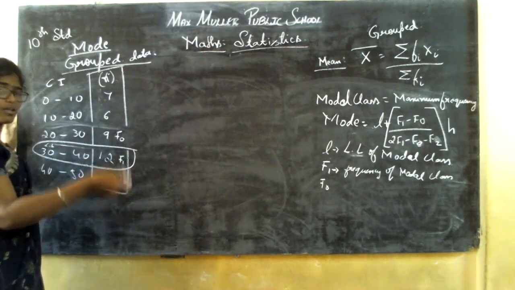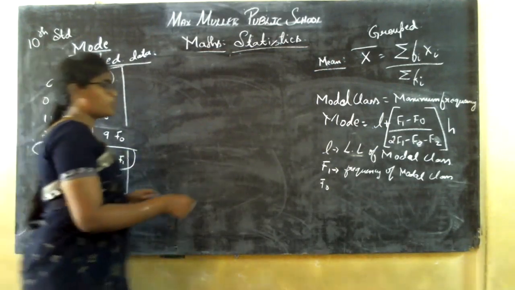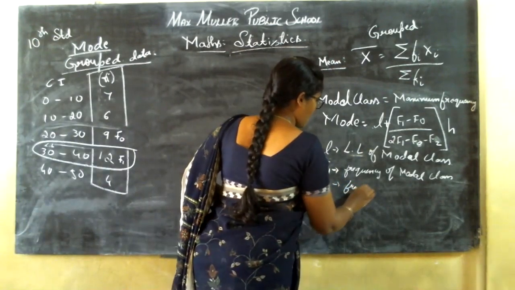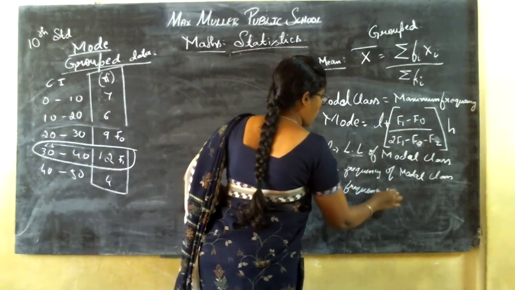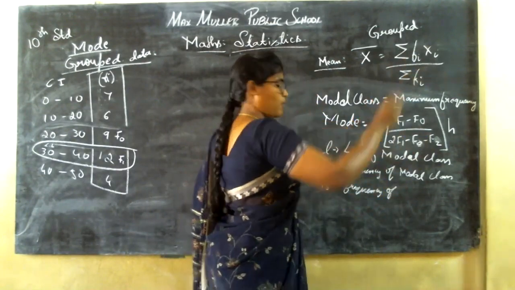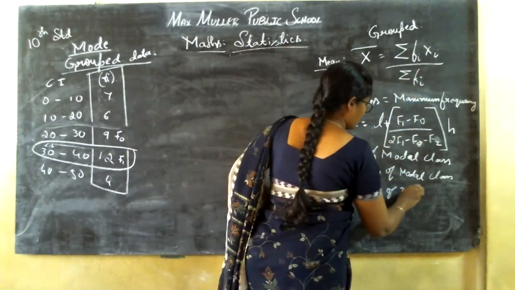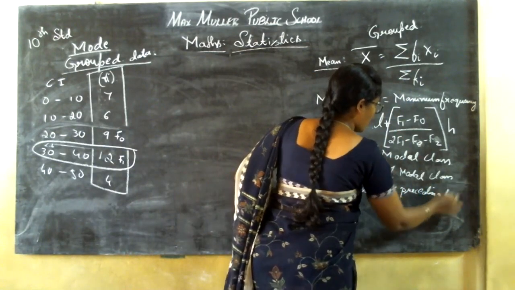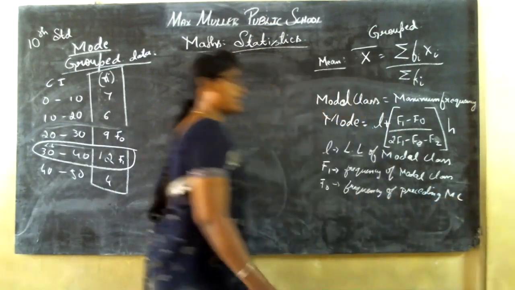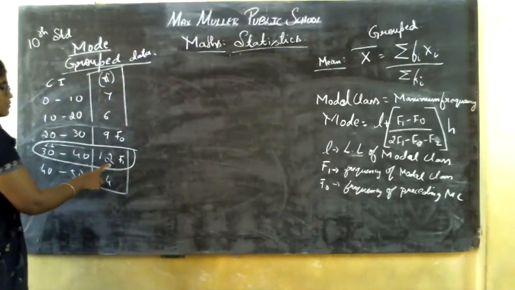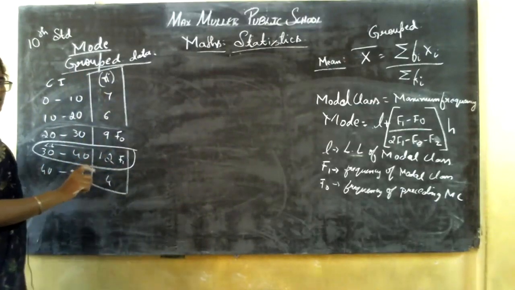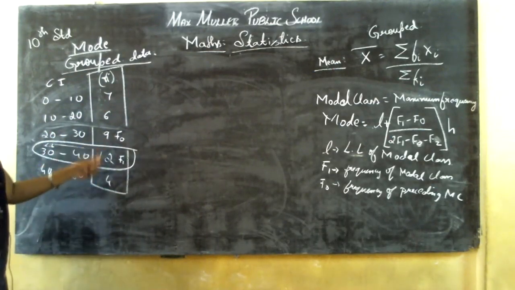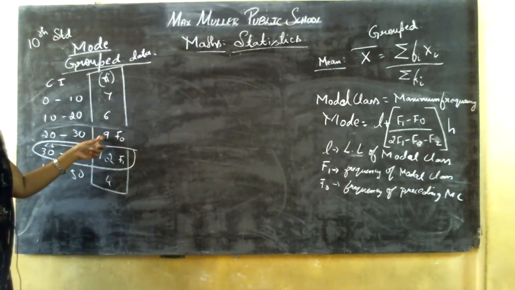So, what is F0? It is the frequency of the preceding model class. So F0 is the frequency of the preceding model class.